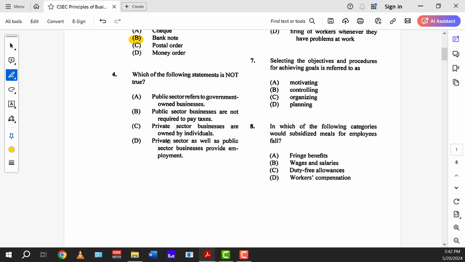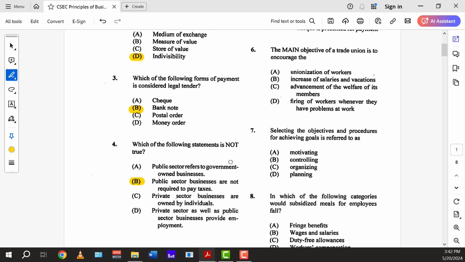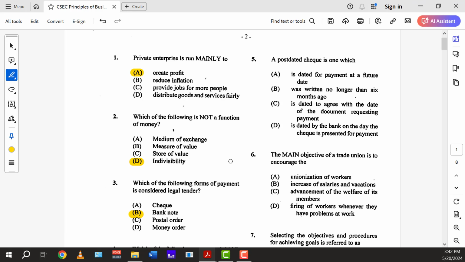So we know D is true, we know C is true, and we know that A is true. The public sector refers to government-owned businesses. So the answer is B. Public sector businesses are not required to pay any taxes. So imagine you're paying tax back to the government and you are government owned.